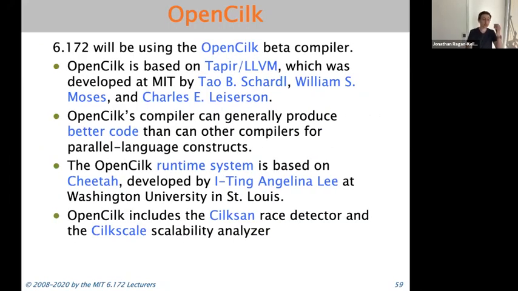In 6172, we're specifically going to be using the latest and greatest Silk implementation, which is called OpenSilk. We're using, I think it's getting very close to a full public release. We're still using one of the latest betas of the compiler.